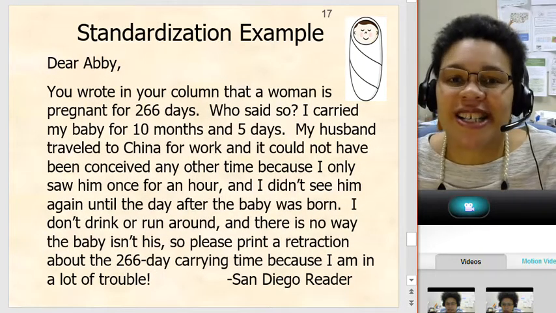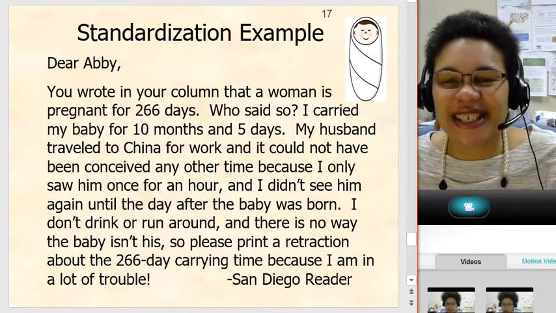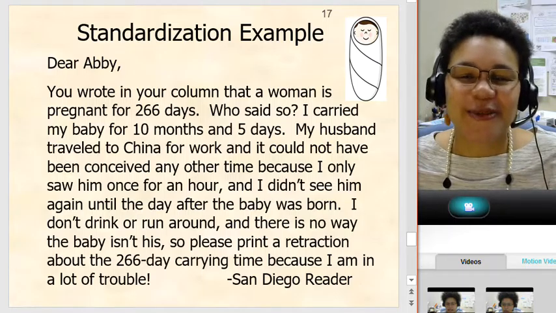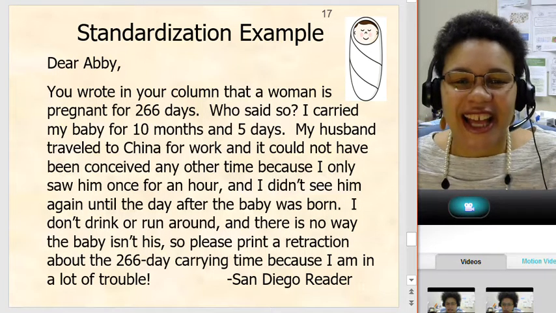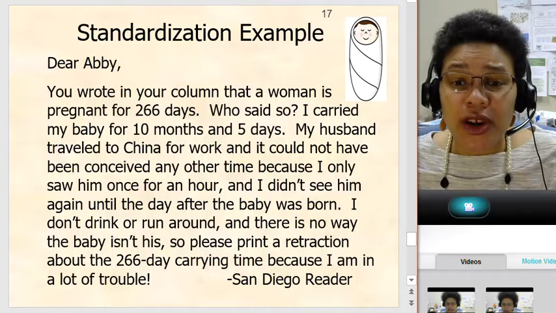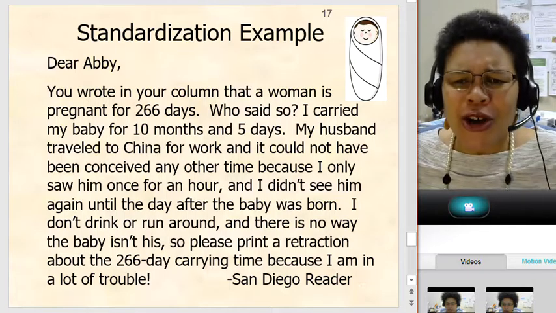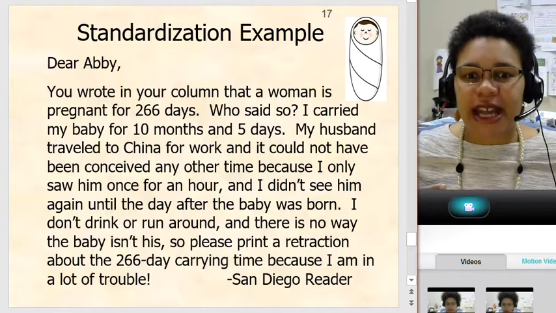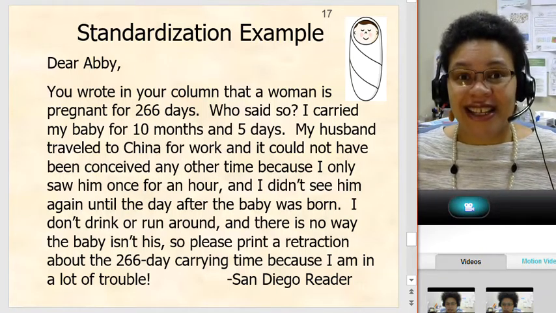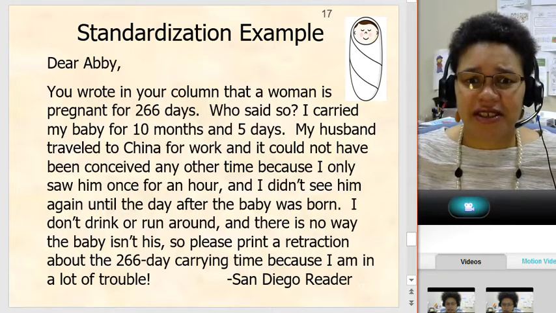So let's talk about an example, okay? This is kind of a silly example, but you get the point. "Dear Abby, you wrote in your column that a woman is pregnant for 266 days. Who said so? I carried my baby for 10 months and 5 days. Oh my goodness.